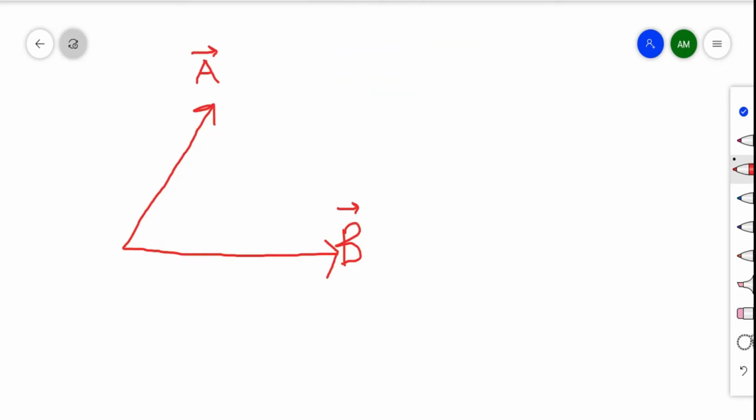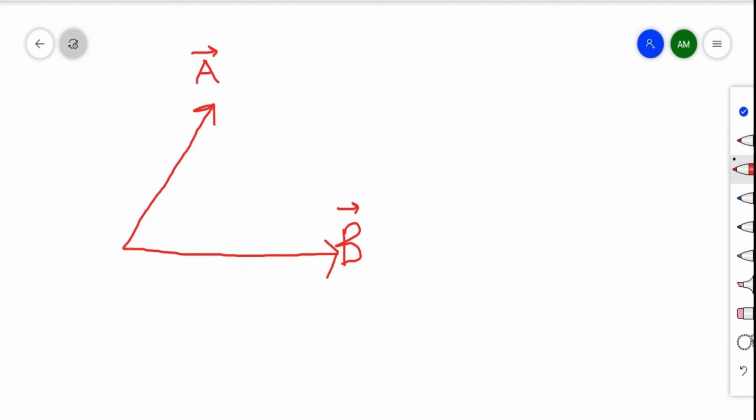Okay, now we have two vectors here, vector A and vector B. Now we are going to add the vectors and find the resultant vector of these two vectors A and B. As a start, it's a good idea to put the two tails of the vectors in one location.